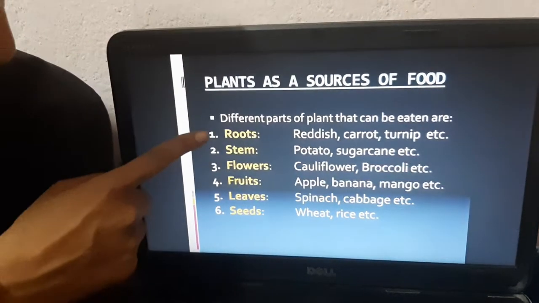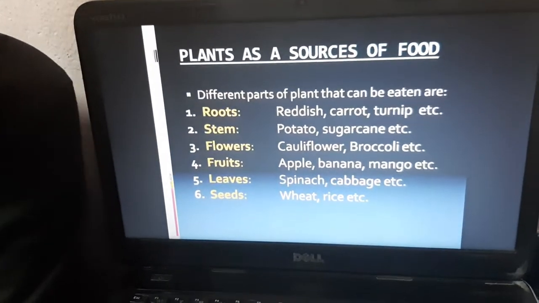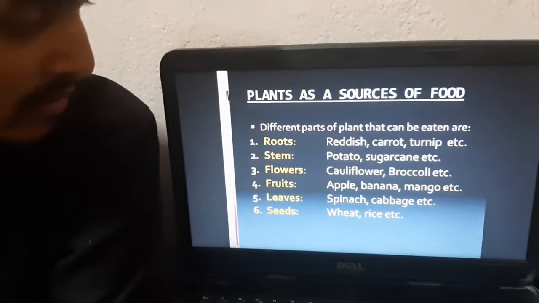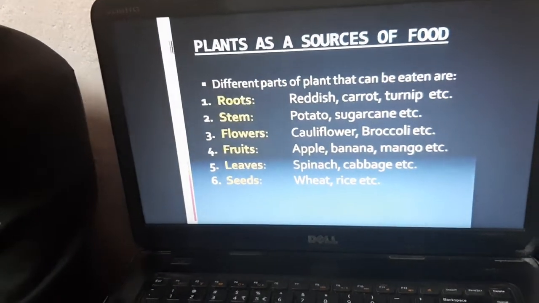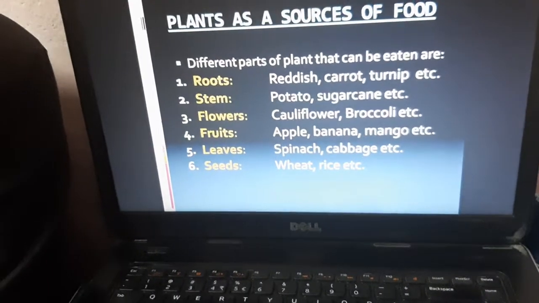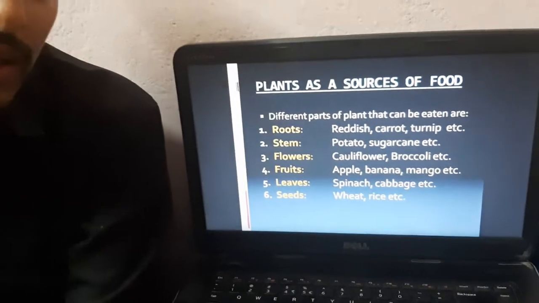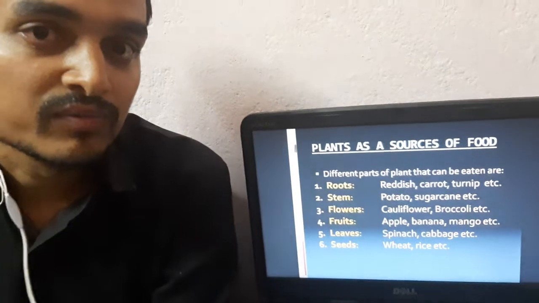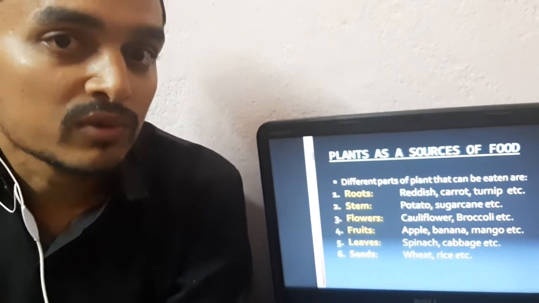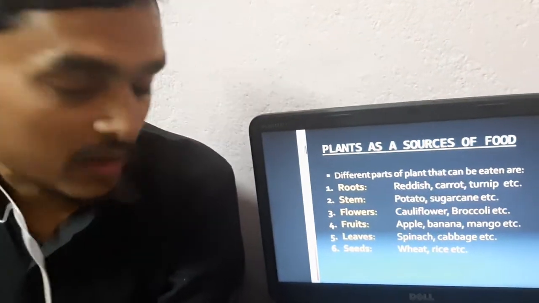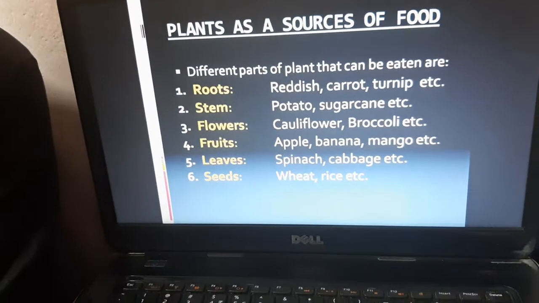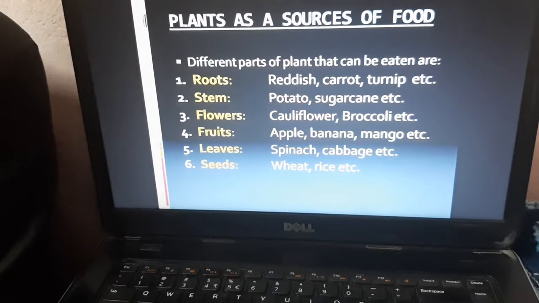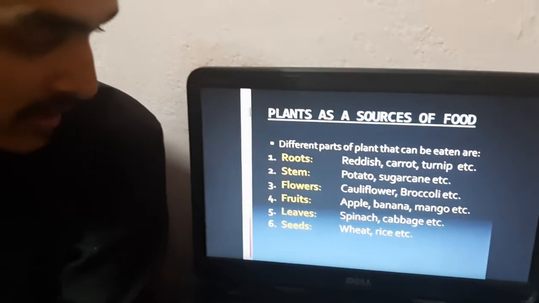Roots: from the roots of plants we can use radish, carrot, turnip. Stems: you know, friends, potato, sugarcane, all stems of plants, and we use them as food material. Flowers: cauliflower, broccoli, these are the flowers of the plant, and we use this material as food.